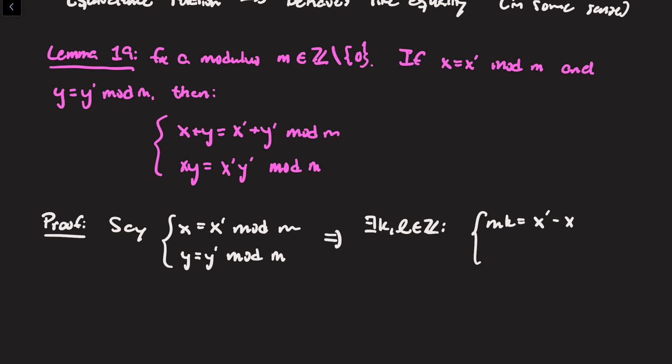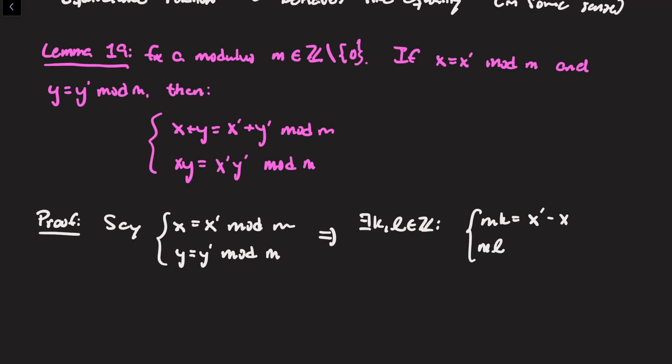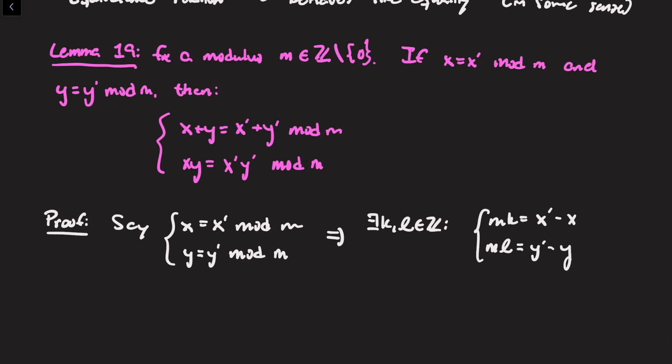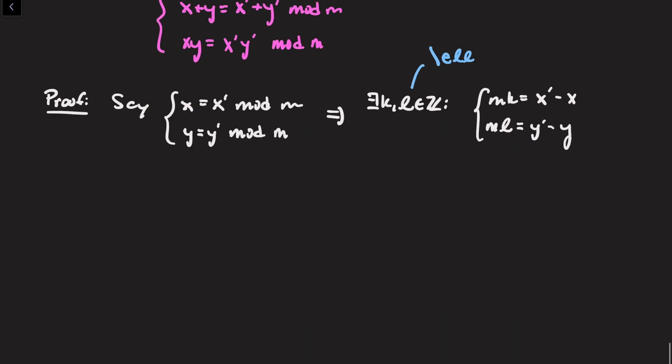We can do this with symmetry. And then ml equals y prime minus y. And those who know LaTeX, this is like a backslash ell in LaTeX. Don't be confused.